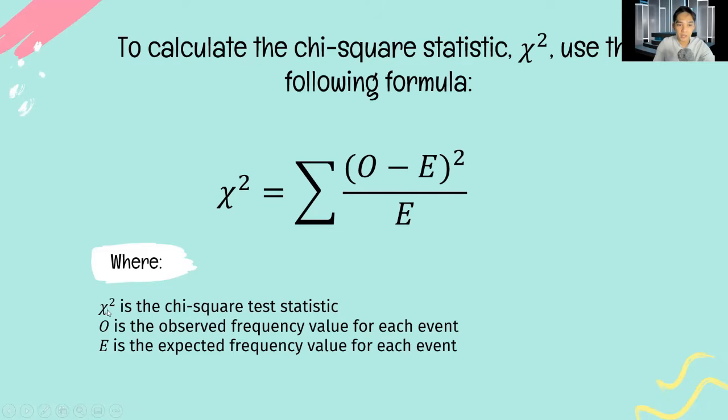Wherein chi squared ay tinatawag nating chi-square test, and observed frequency or O, ito yung mga nakuha nating data from our actual experiment. Tandaan nyo po yun, observed frequency ay yung mga data na nakuha natin from actual experiment. While E is the expected frequency value for the event.